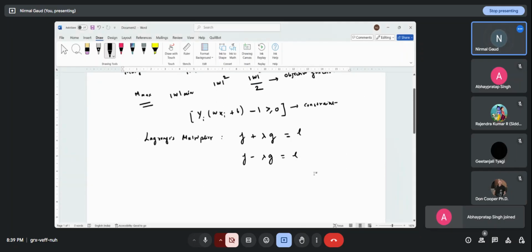Okay, fine. So f is your objective, g is your constraint, and lambda is your Lagrange multiplier.